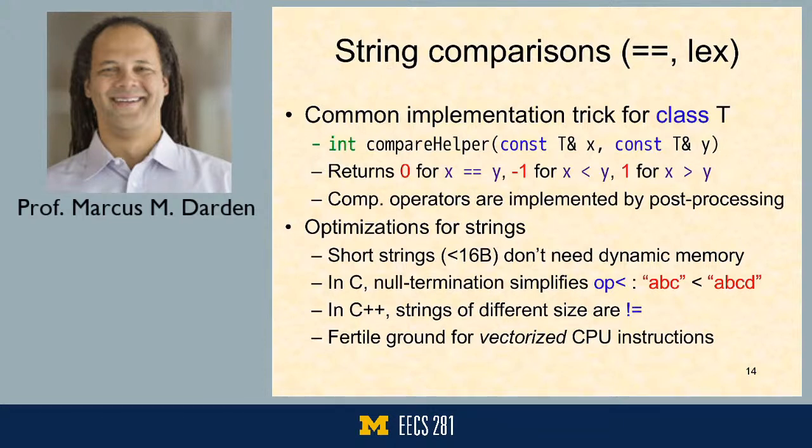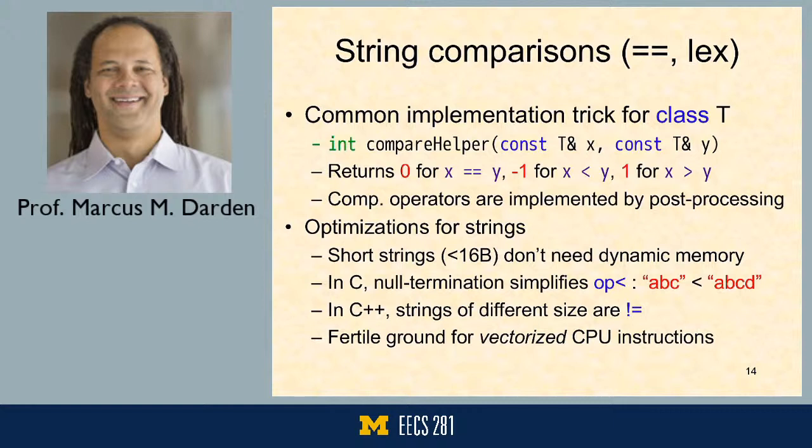The three-way comparison gives us 0 when I've got equality, or a negative number, typically -1, when the left item is less than the right item, or a positive number, +1, when the left item is greater than the right item. If I do that implementation trick, then I can use my comparison operators and implement them with post-processing, and then the algorithm just works.